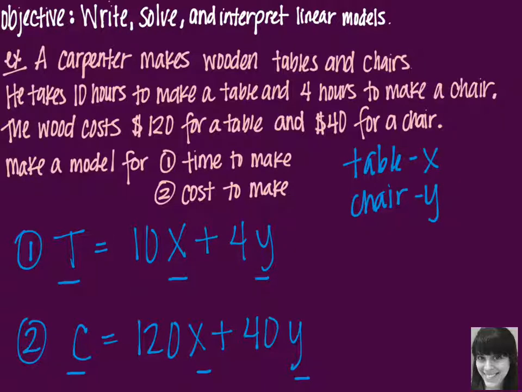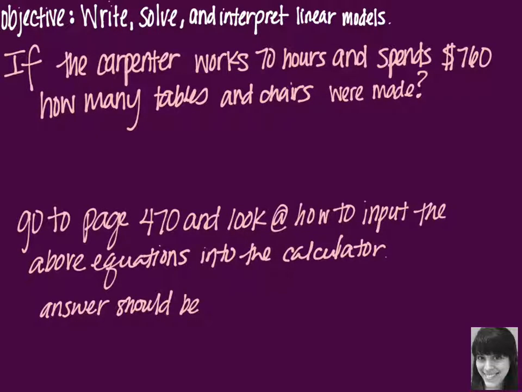Okay, so there's 3, but we only have 2 things. So we couldn't do anything with these unless we had time and we had cost. Well, it's giving us the time and it's giving us the cost. So now we have 2 unknowns with 2 equations, and we can figure out what X and Y are given the time and the cost.